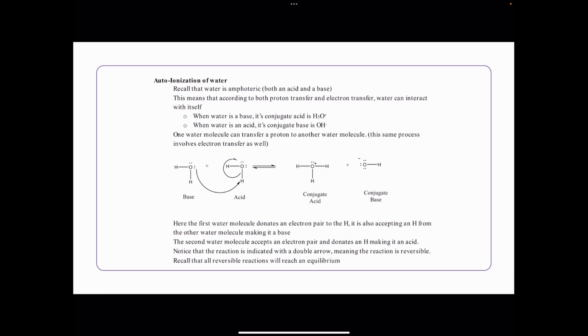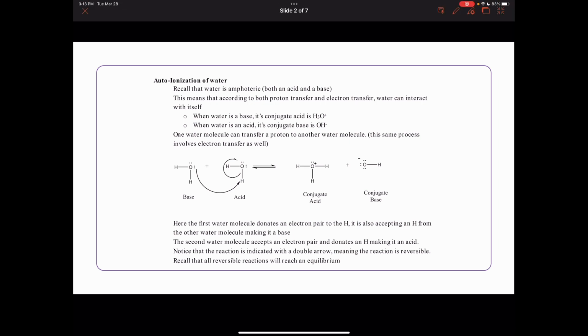When water is an acid, its conjugate base is hydroxide. One water molecule can transfer a proton to another water molecule. The same process involves electron transfer as well. So remember, according to our Lewis base theory, our Lewis bases are going to donate electron pairs, and my water molecule has electron pairs that it can donate to a hydrogen, forming a bond.